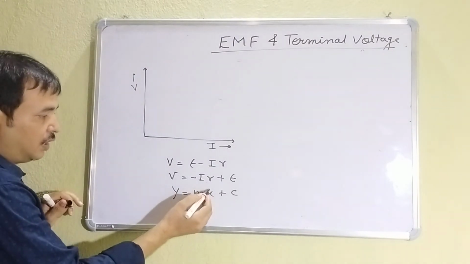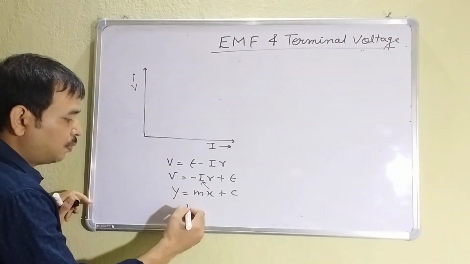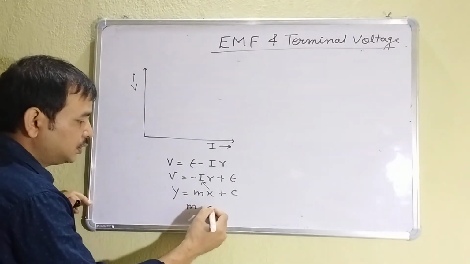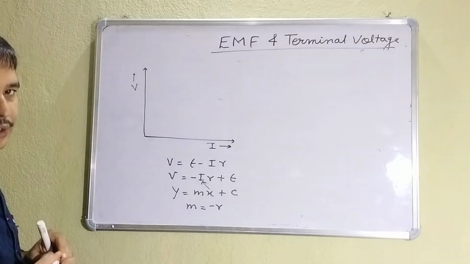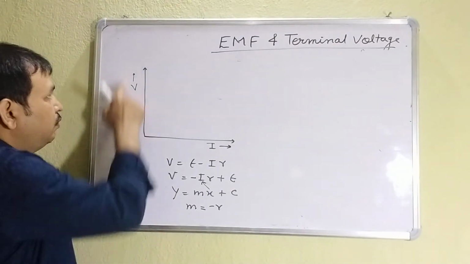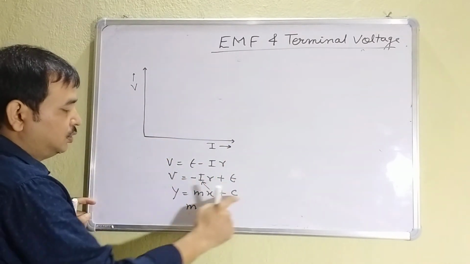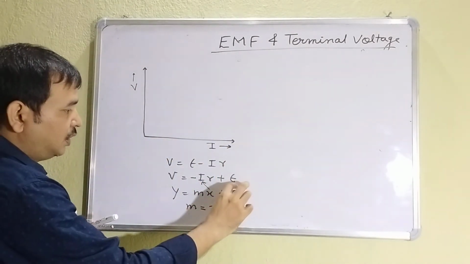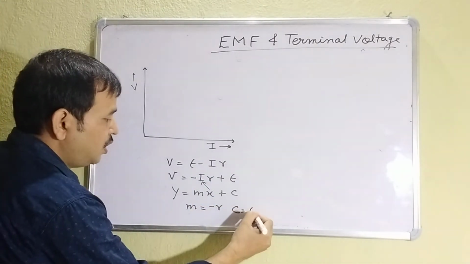If you are drawing I along the x-axis, the slope of this line will give you the internal resistance. In y we have drawn V, and in x we have drawn I. Now what is the intercept? C is equal to EMF.